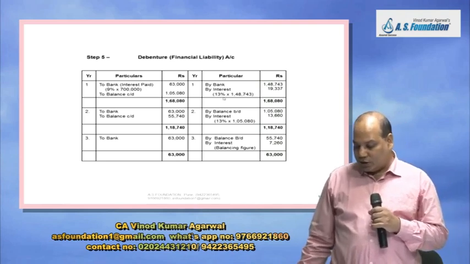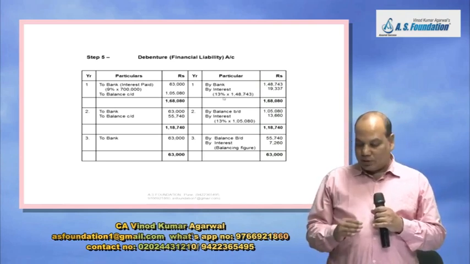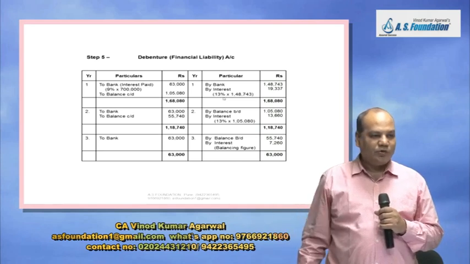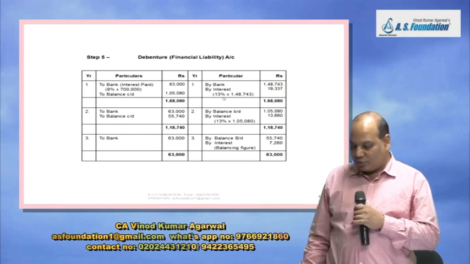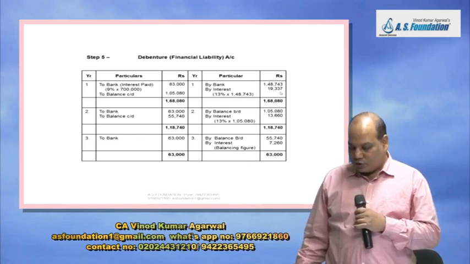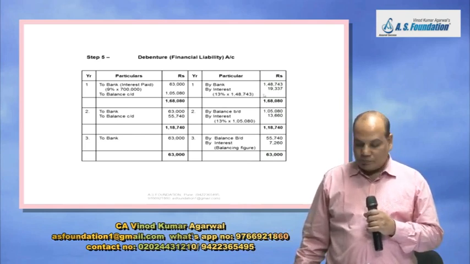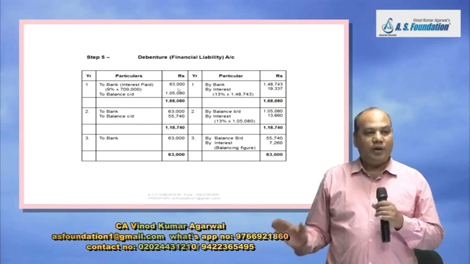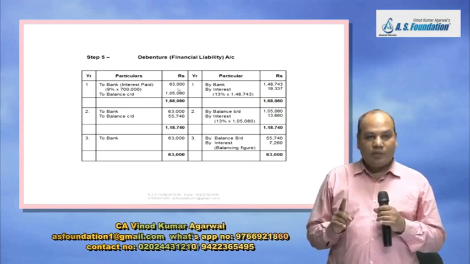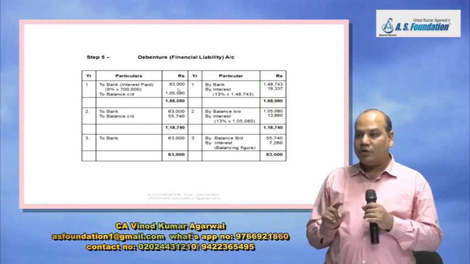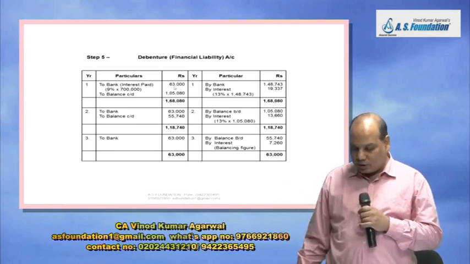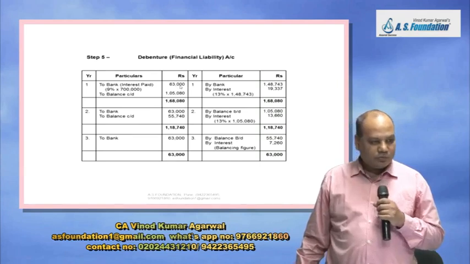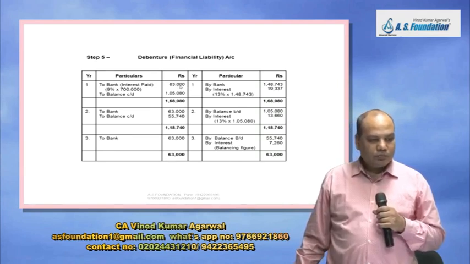That means we are passing an entry interest account debit to debenture financial liability account being interest accrued. Check the answer 19337. And when you make the payment, the entry will be debenture financial liability account debit to bank 63,000.